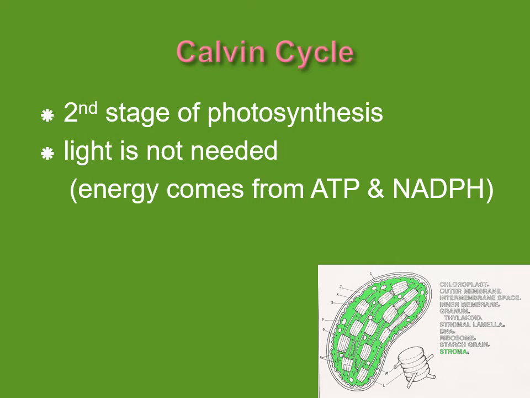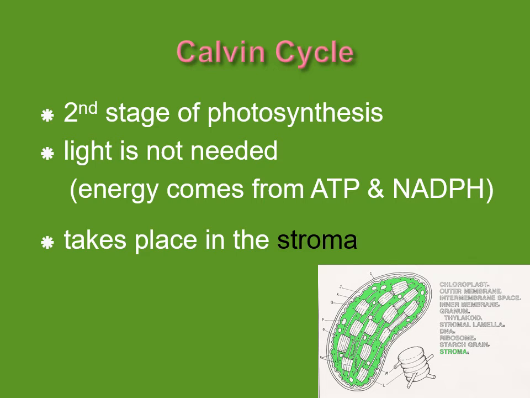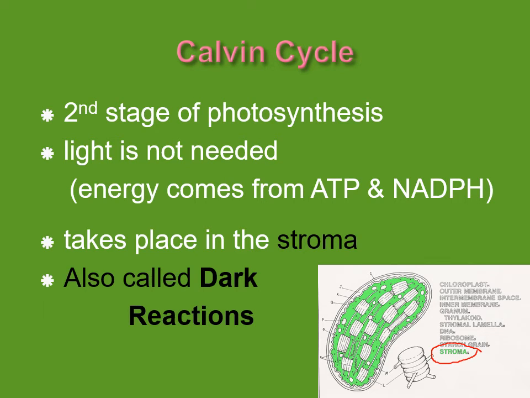Energy is still required, but it's now coming in the form of chemical energy versus light energy. This will occur in the fluid-filled region of the chloroplast called the stroma. A lot of times this is referred to as the dark cycle, or as we also know, the light-independent reaction, stage 2 of photosynthesis.